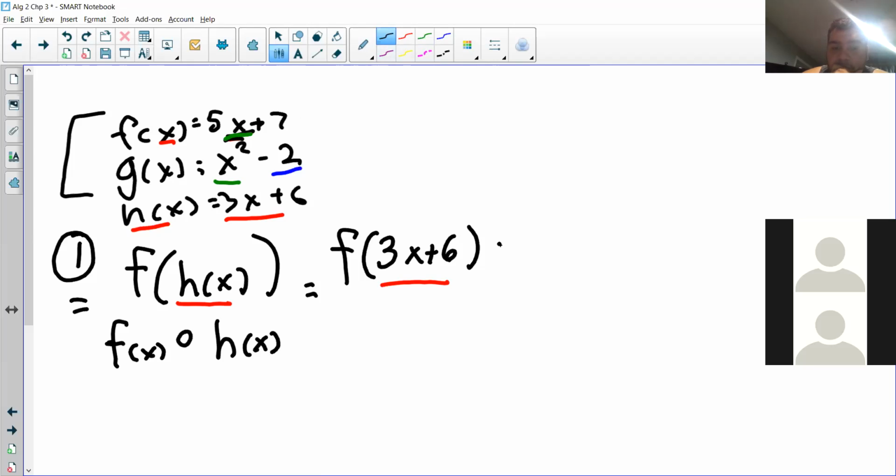So now I'm going to substitute 3x plus 6 for every time I see x in the f of x equation. That's 5 times 3x plus 6 plus 7. The black being the original f of x equation, the red is what I'm substituting in.